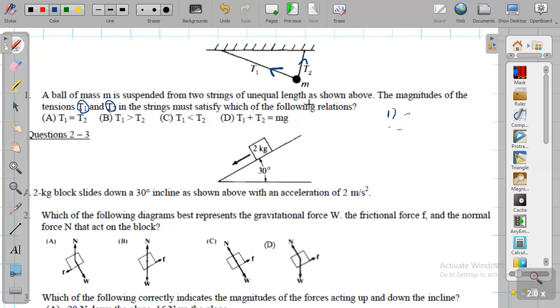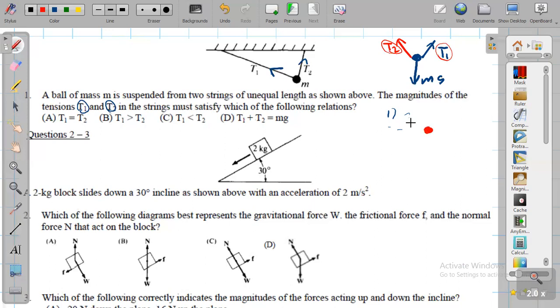Have a really good look at it. Mg is downward. So there is a force of T1 and there is a force of T2, right? T1 and T2.